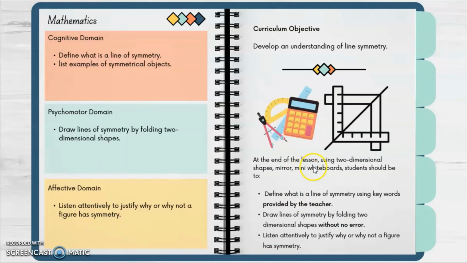At the end of the lesson, using two-dimensional shapes, a mirror, mini whiteboard, students should be able to define what is a line of symmetry using keywords provided by the teacher, draw lines of symmetry by folding two-dimensional shapes with no error, listen attentively to justify why or why not a figure has symmetry. And teachers, that is how you put together your cognitive, your psychomotor, and your affective domain to write effective objectives.